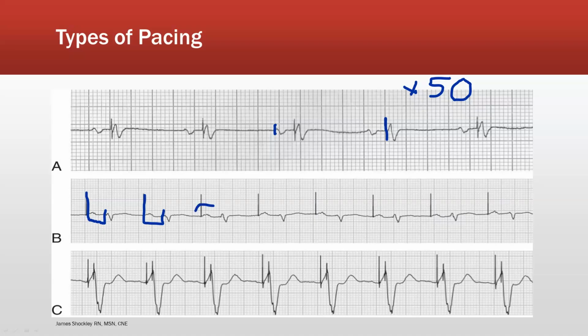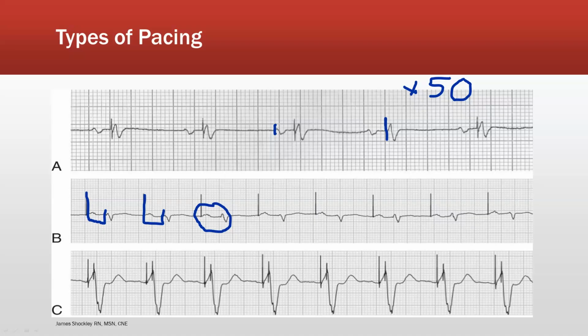So there's more time in there, but I still have a QRS for every pacer spike and P wave. So PQRST, everything's good. Normal heart rate, don't really have to do anything special.